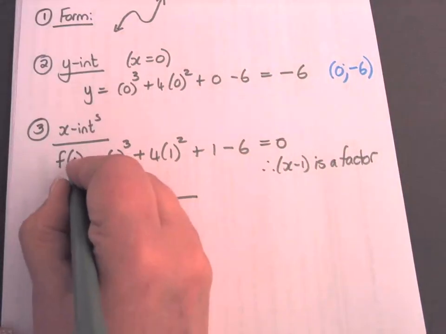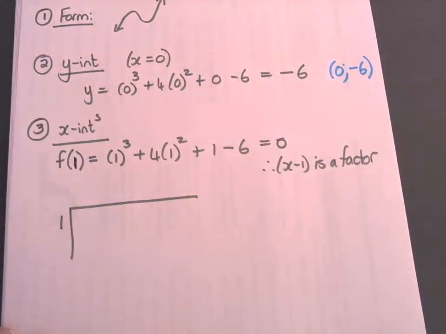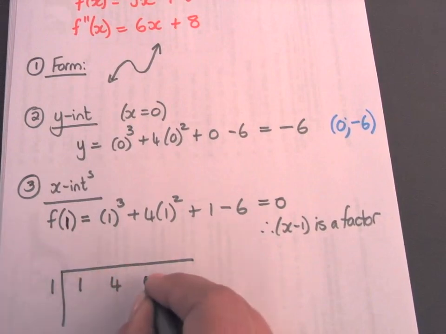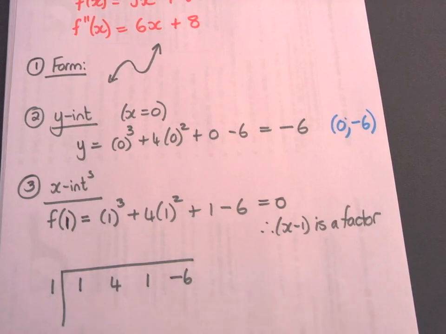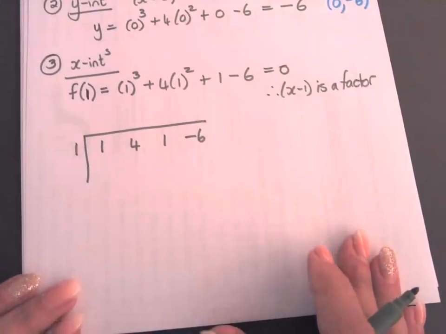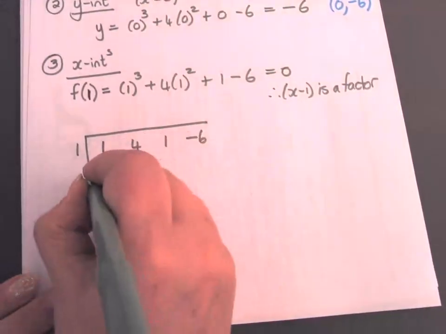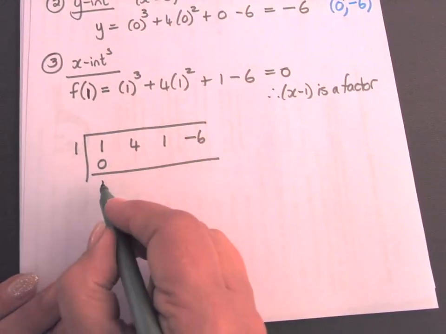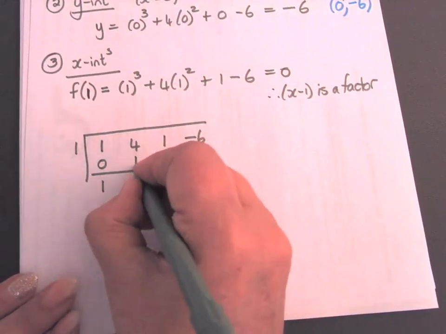I'm going to divide with 1, and my coefficients are 1, 4, 1, minus 6. Below the first one, there's a 0, and now I add. 1 plus 0 is 1, multiply, 1 times 1 is 1.